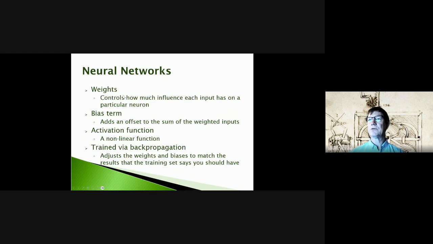Each neuron has one or several inputs to it, and each of those inputs are coming from different other neurons, probably in a layer before it. We'll show a little bit more of these.